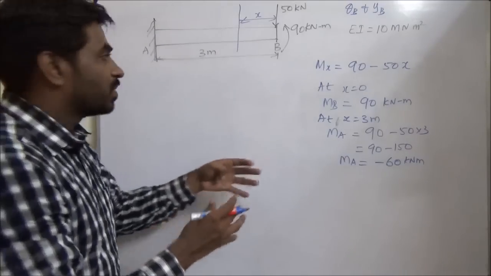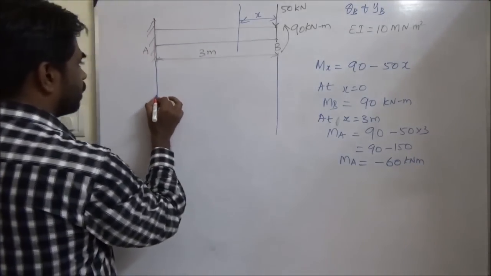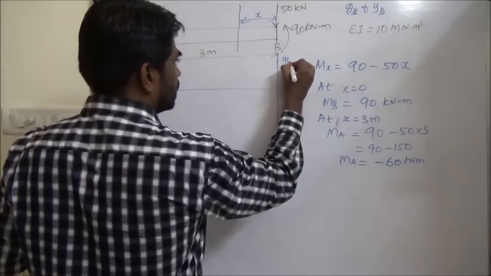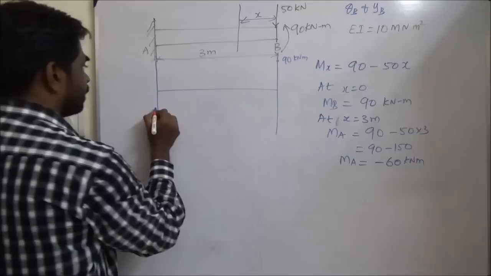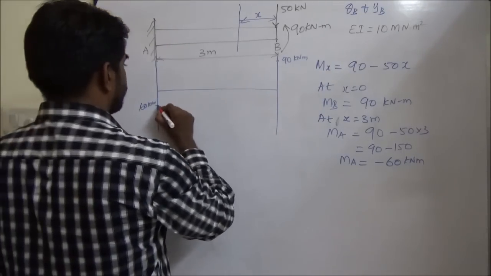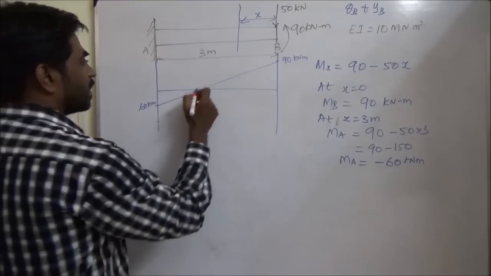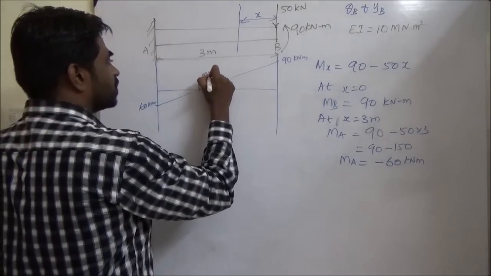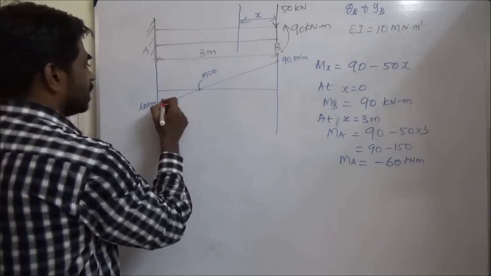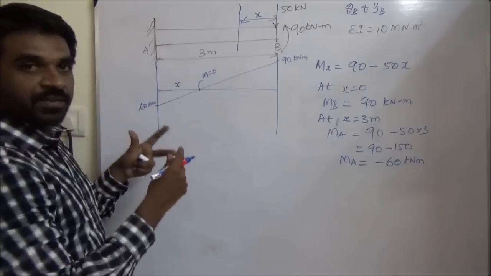Okay, so now quickly we can draw the bending moment diagram. 90 kilonewton meter, 60 kilonewton meter. It's a linear variation. Okay, so at this location M equal to 0. So we have two areas, right? And this distance we have to find from similar triangle.